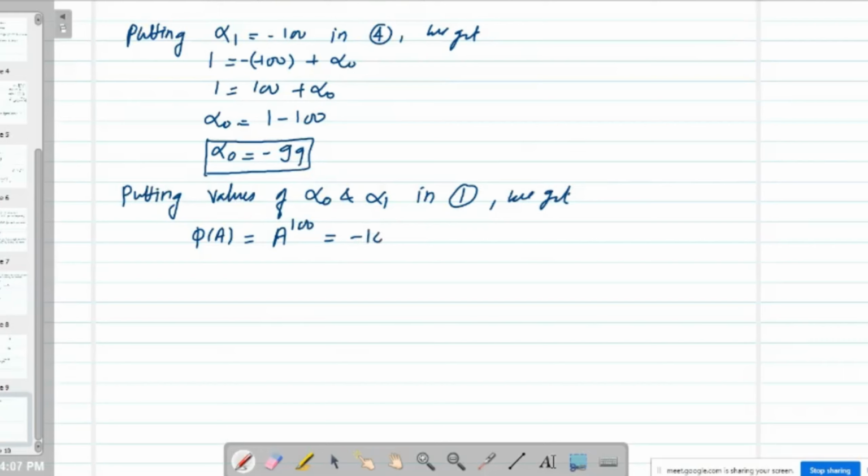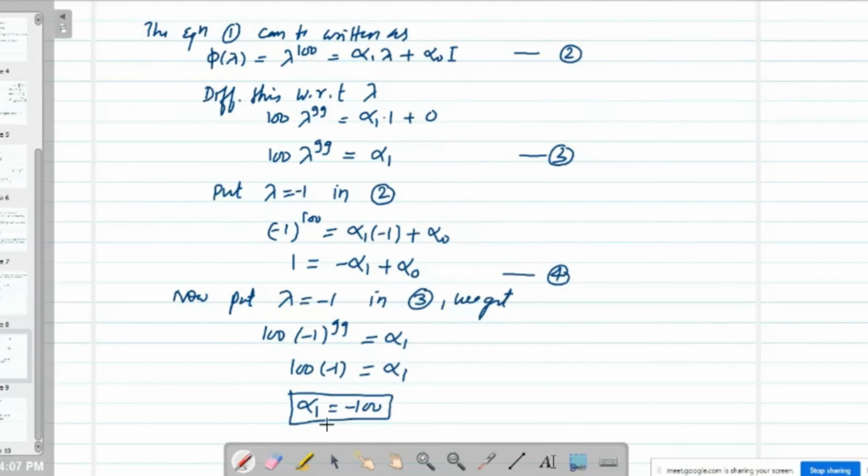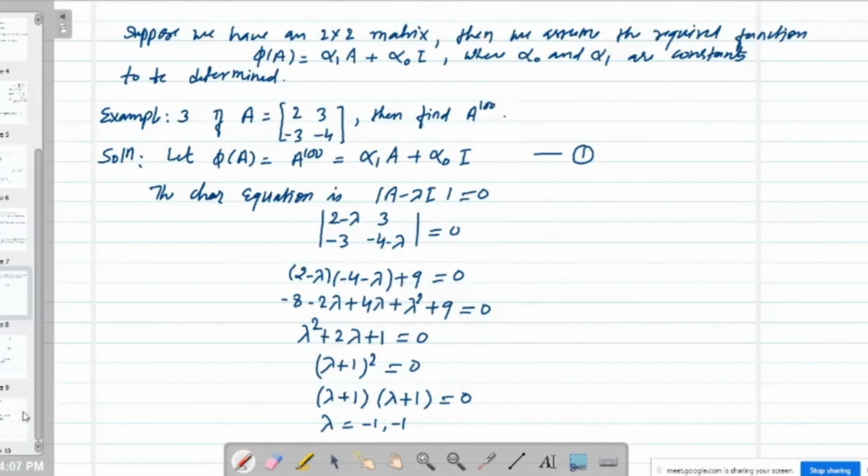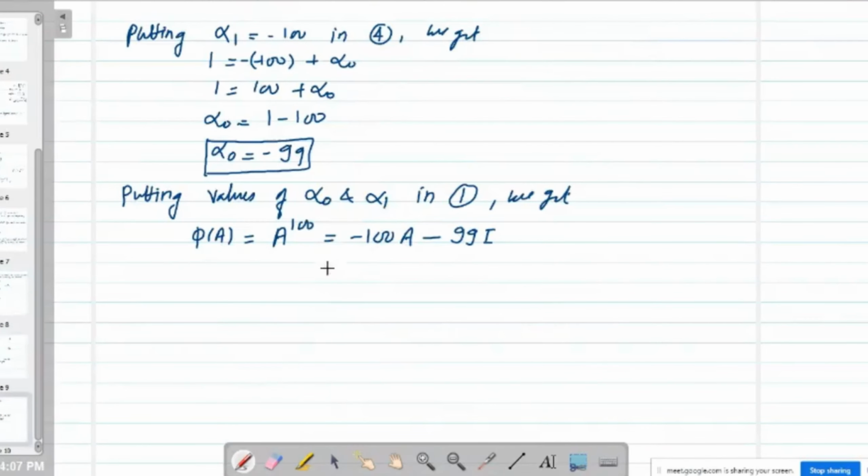Minus 100 A, then alpha naught is minus 99 I. Now our job is to find this.